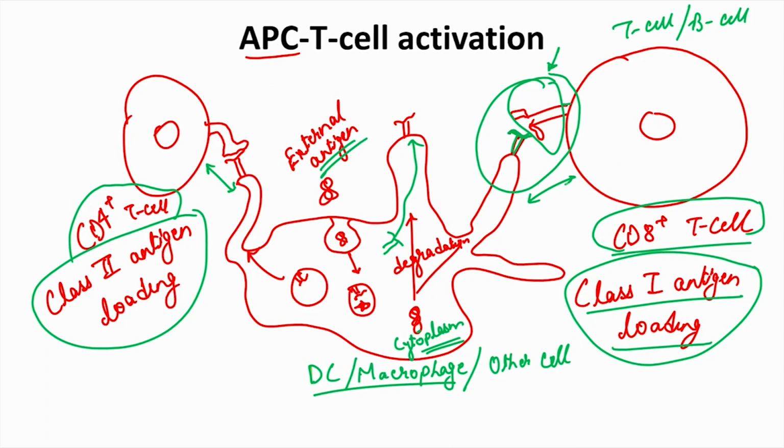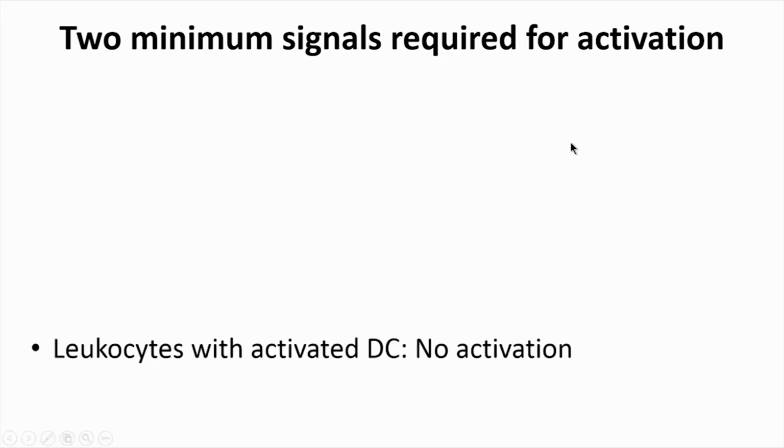So, it is extremely important that that should not happen, and it should only happen when this is a foreign antigen. To do that, the body has put some checks and balances, and that is that there are a minimum of 2 signals required for activation. Just one signal will not be enough.